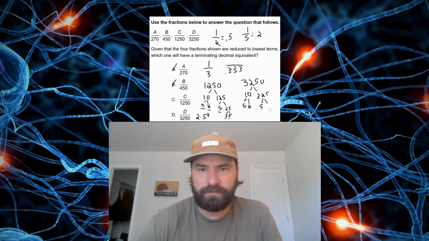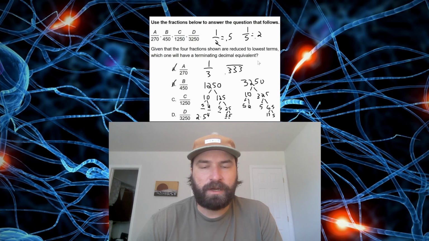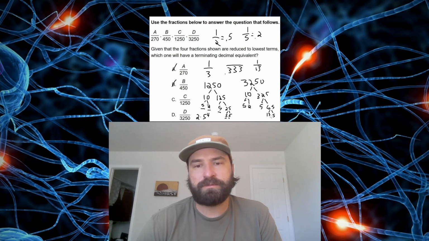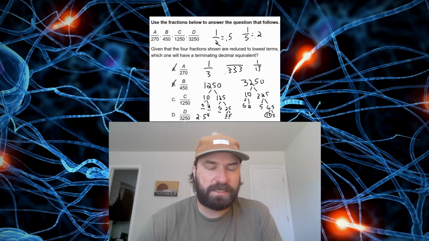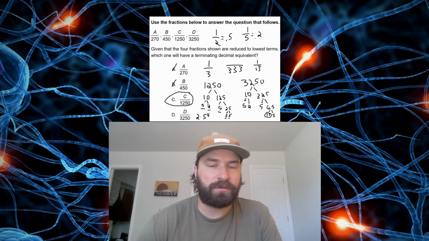Yeah, 65. And 65 is 13 times 5. So 13 is a weird number. I'm not exactly sure what the repeating decimal is, but 1/13 must give us a repeating decimal. So that 13 is responsible for making it so that D could have a repeating decimal, and our answer is C because it has clean factors that don't result in repeating decimals.